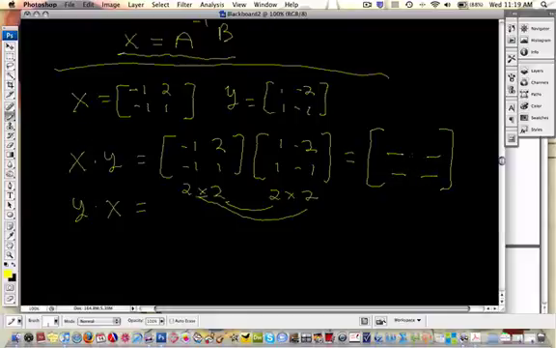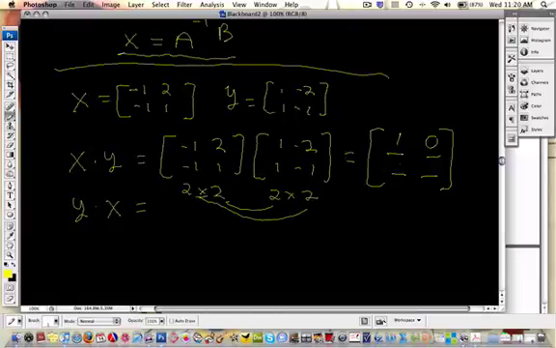Now to get row 1, column 1, the entry in the product, I just do row 1 of the matrix X times column 1 of matrix Y. So -1 times 1 plus 2 times 1 is 1. And to get the entry in row 1, column 2, I multiply row 1 times column 2. So -1 times -2 plus 2 times -1, that's 0.